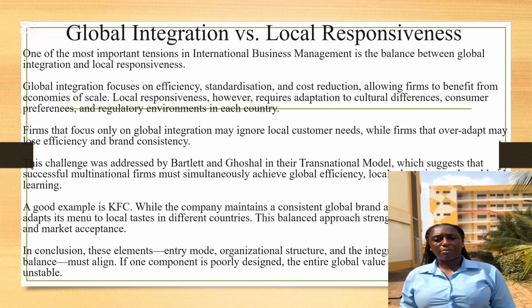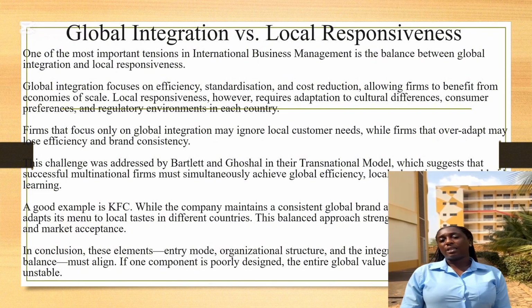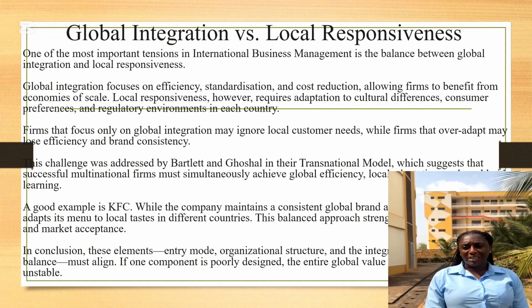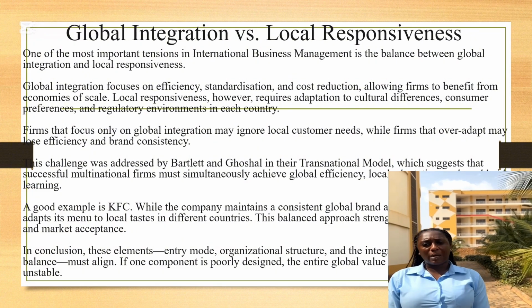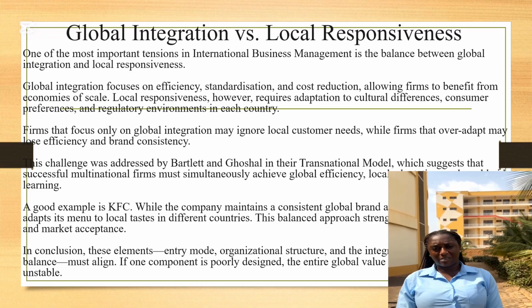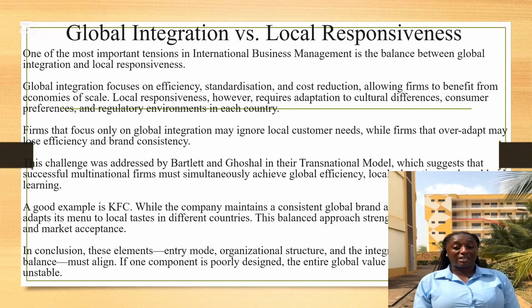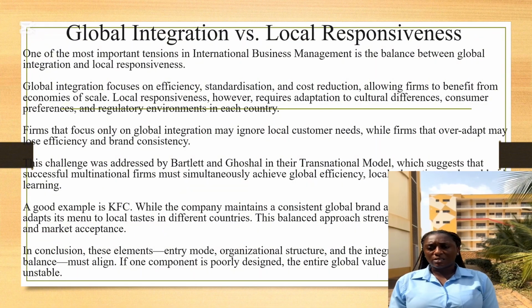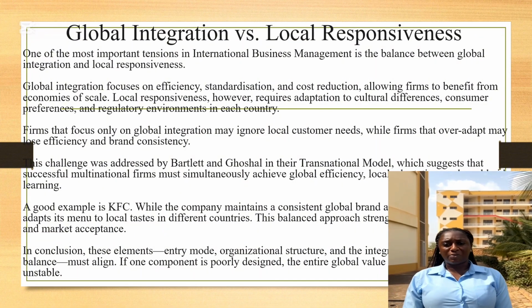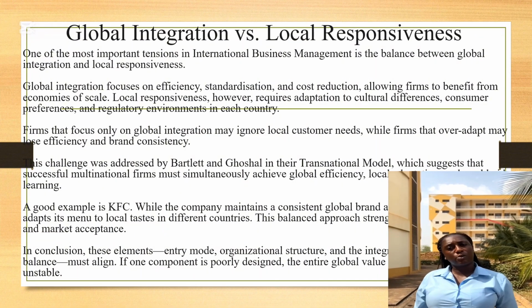One of the most important tensions in international business management is the balance between global integration and local responsiveness. Global integration focuses on efficiency, standardization, and cost reduction, allowing firms to benefit from economies of scale.